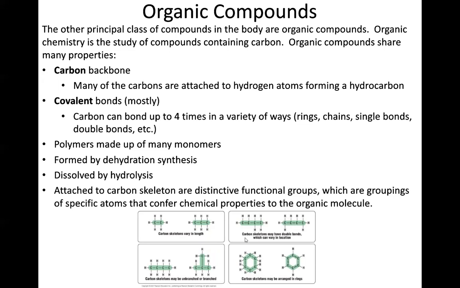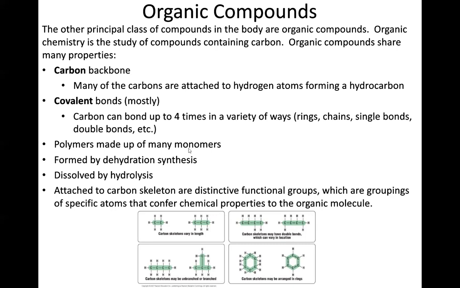Now, we can describe an organic compound as having many monomers forming what's called a polymer. Think of the bricks that are used to build a brick house. We all know by now, hopefully, what the prefix mono means, right? 1.